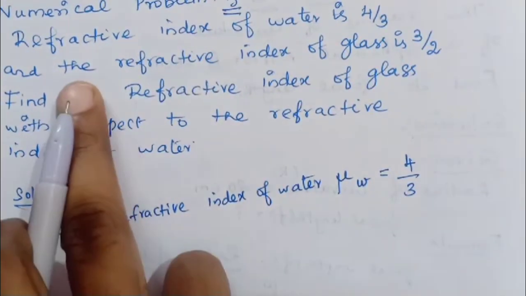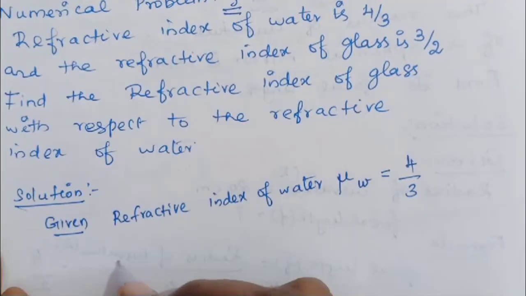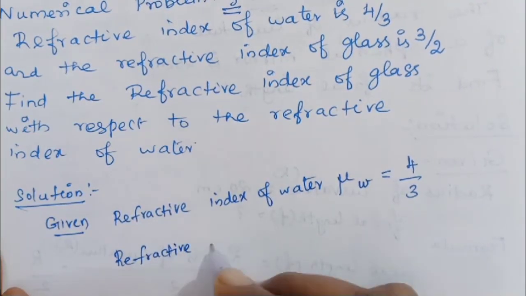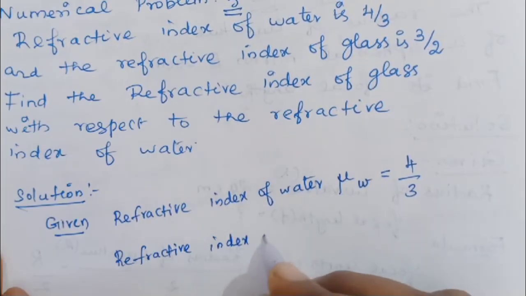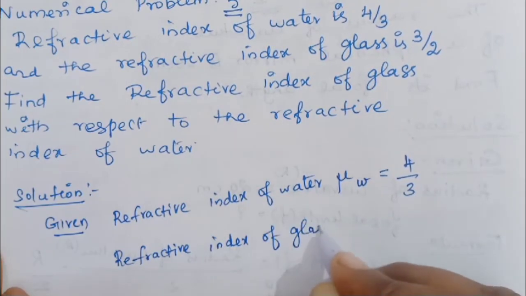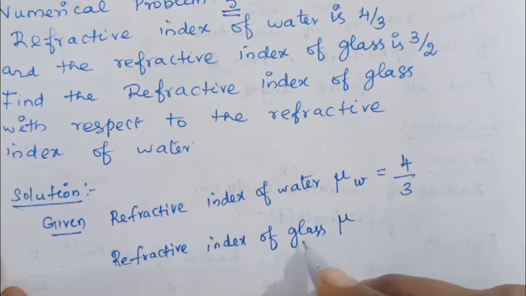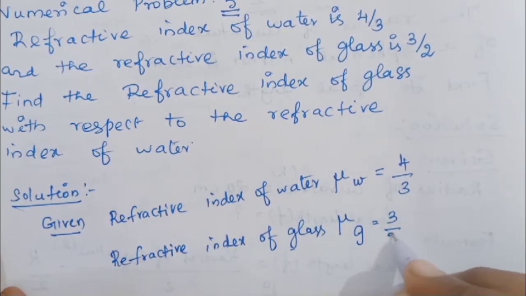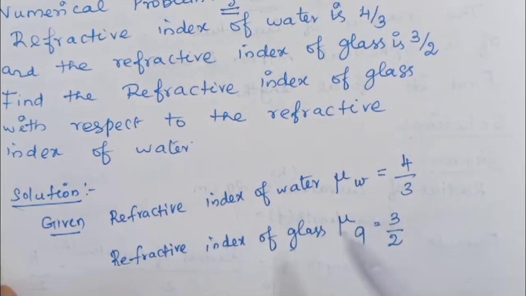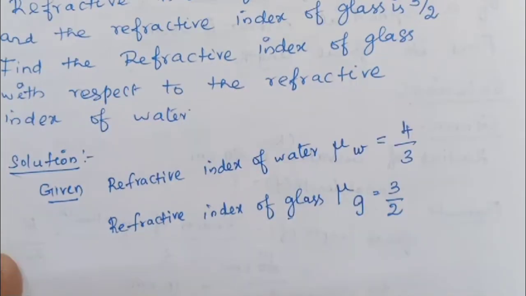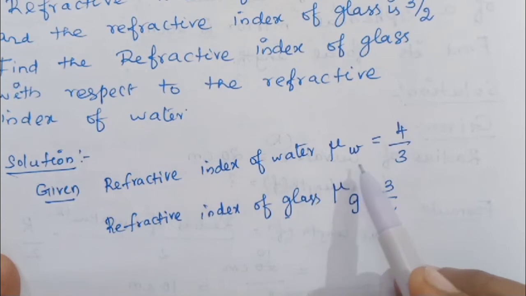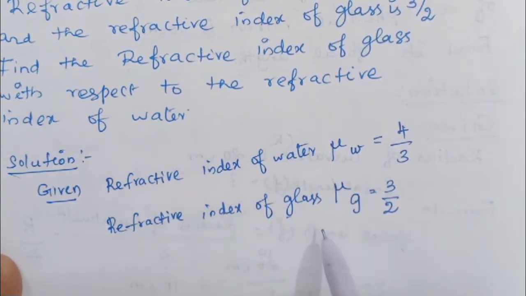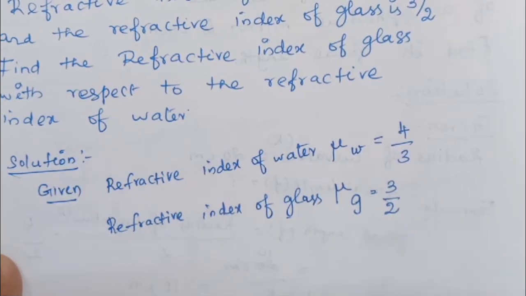The next one is refractive index of glass, that is mu G, starting letter G, so mu G is equal to 3/2. So refractive index of water, mu W is equal to 4/3, and refractive index of glass, mu G is equal to 3/2.